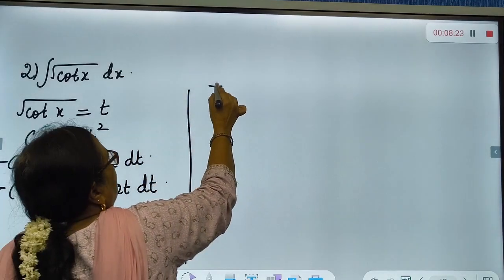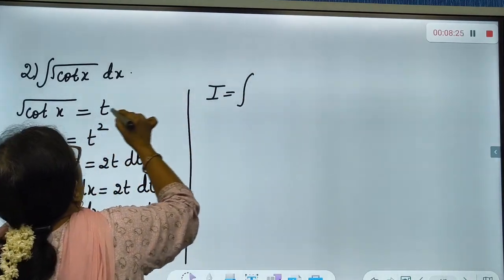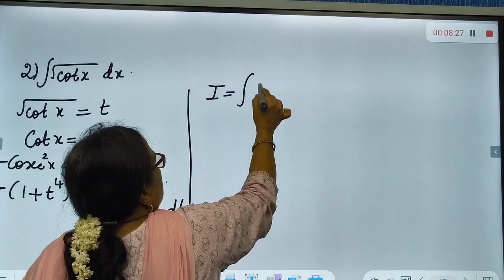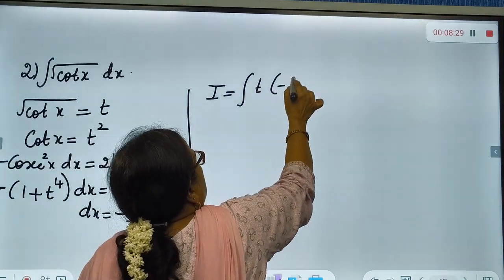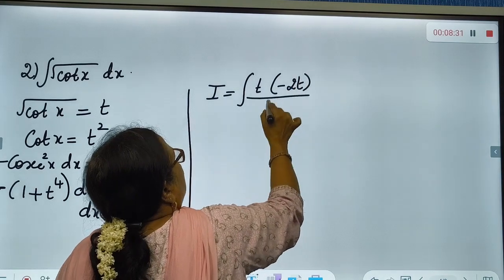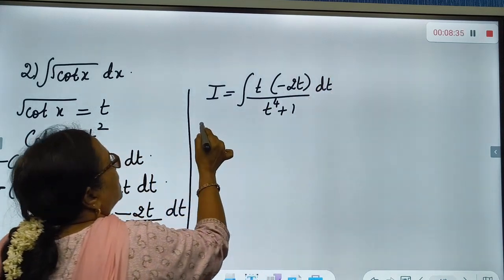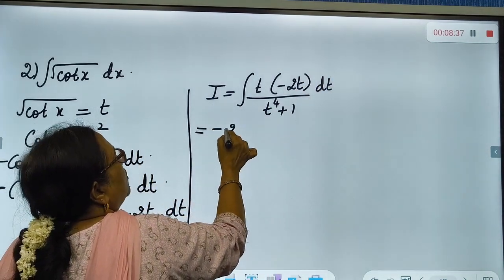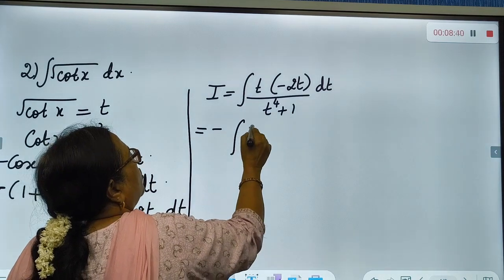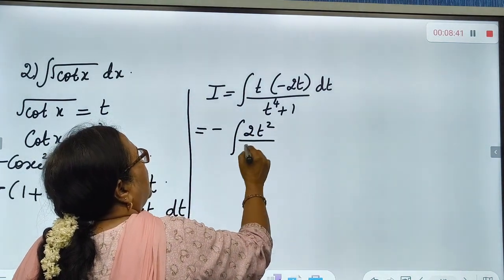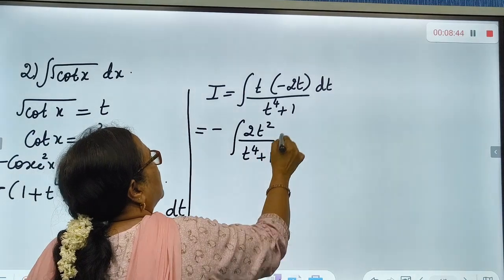So I will be equal to integral of root of cot x, which is t, times minus 2t by t power 4 plus 1. This will be minus 2t square by t power 4 plus 1.